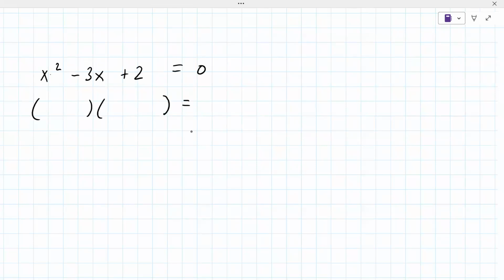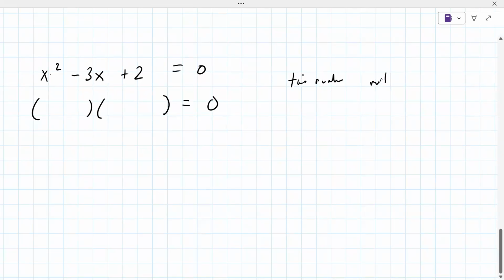We got kind of interrupted there, but let's try another one. Let's say x squared minus 3x plus 2 equals 0. Do you remember how to factor this? Oh, my notebook's in there. That's not good. So you're looking for two numbers.